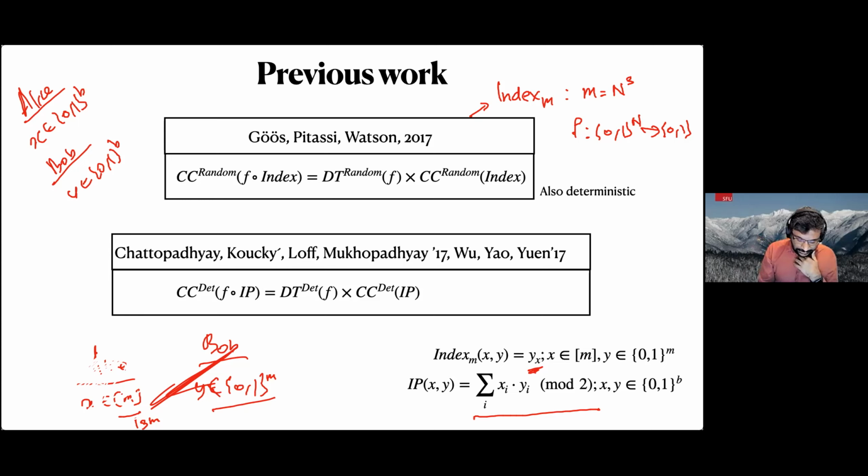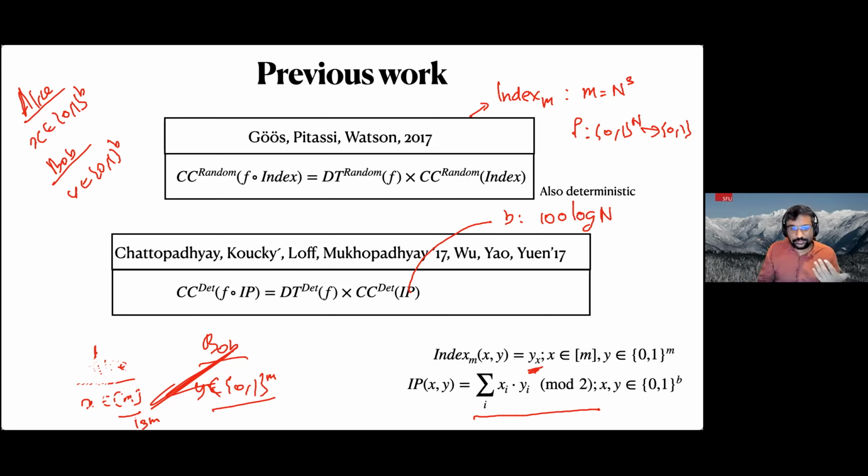And this blow up is actually costly for some applications. Whereas for the inner product gadget, they only need the number of bits B in the individual inner products to be somewhat large, something like 100 log n. So compared to the index gadget, the actual size of the inner product gadget is much lower in these lifting theorems.